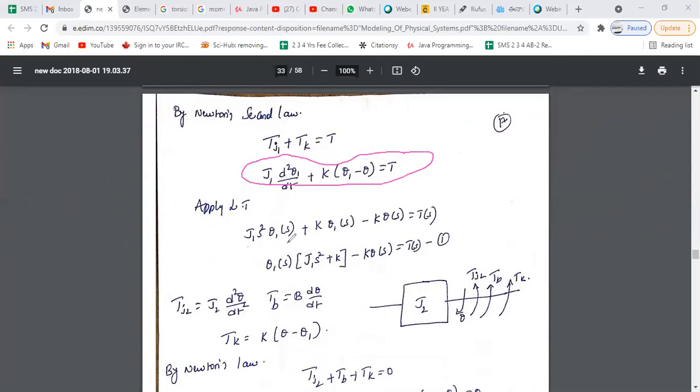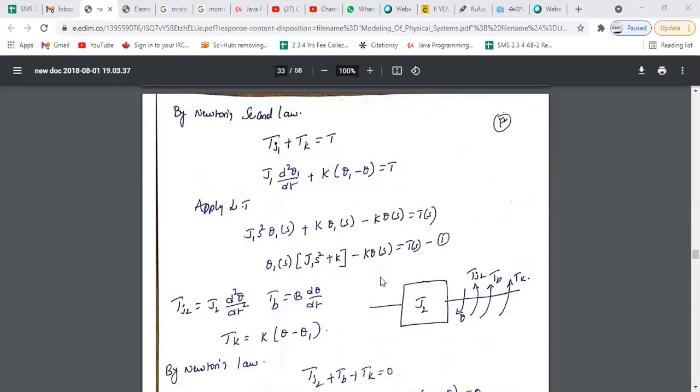J1 s square theta 1 of s, k theta 1 of s minus k theta of s. I am splitting this term. Finally, take theta 1 of s common from these two terms, which becomes J1 s square plus k, minus k theta of s. This is equation 1.